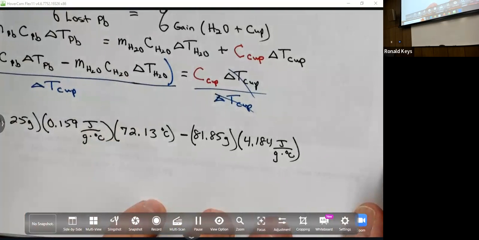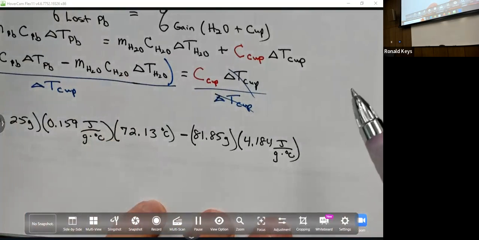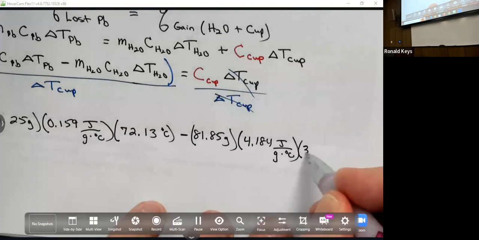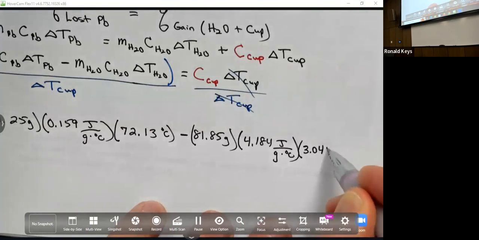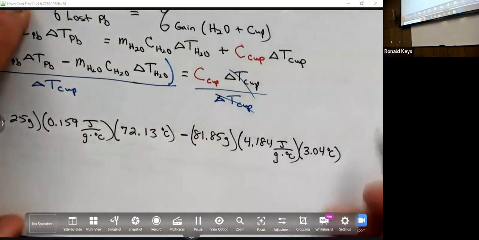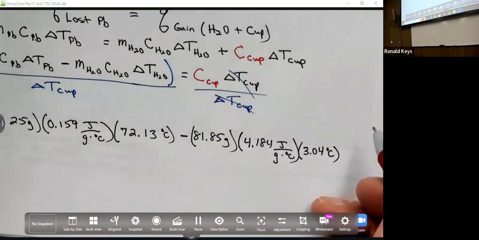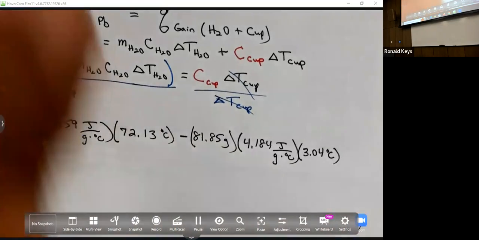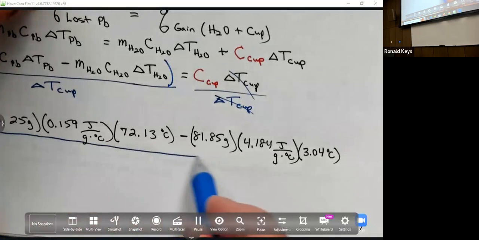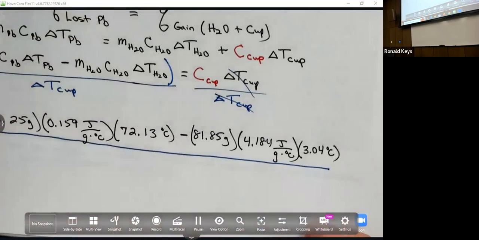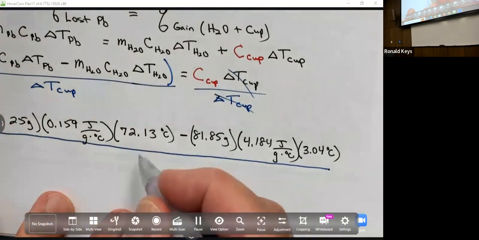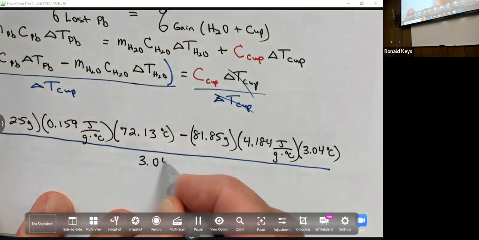My change in temperature of my water right here is 3.04. All of that divided by the change in temperature in my cup, which is 3.04.